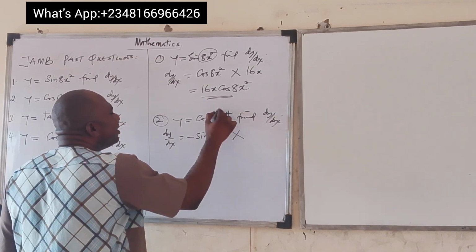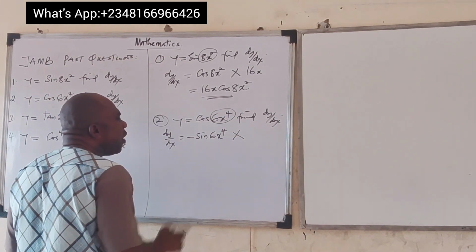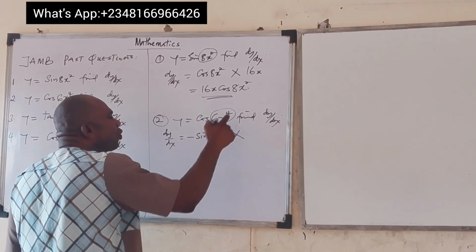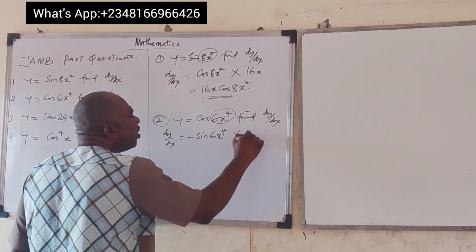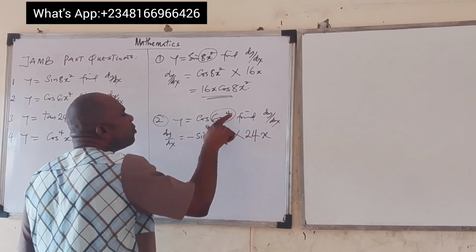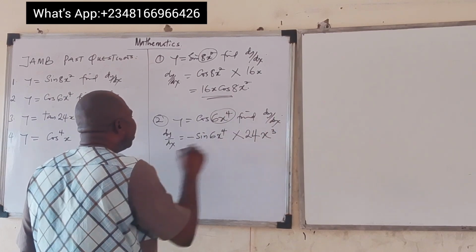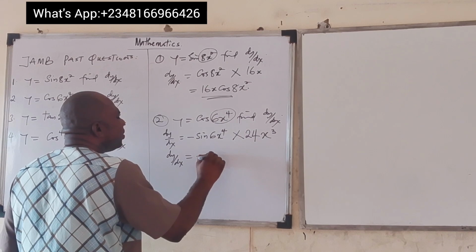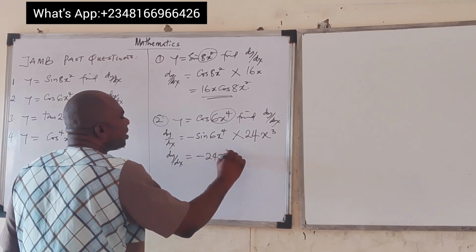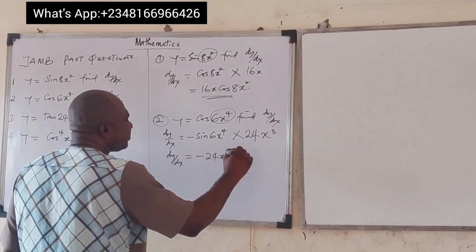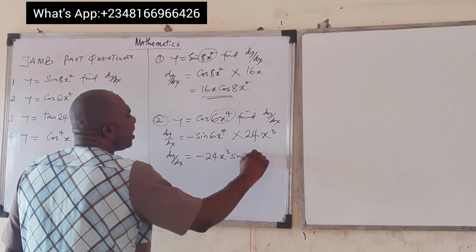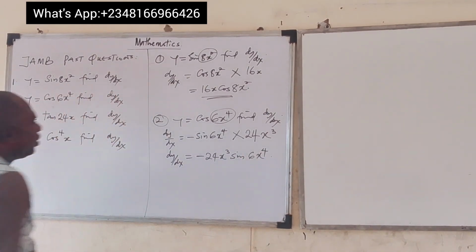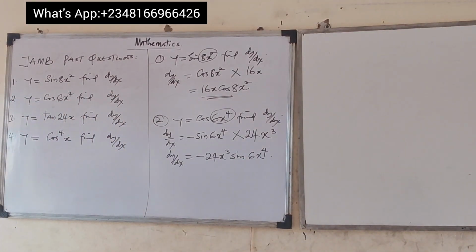Then you multiply it by the derivative of this function. When you differentiate 6x raised to the power 4, you multiply 4 times 6, which gives you 24, then x raised to the power, you subtract 1 from the power, which is 3. So dy/dx will be equal to minus 24x raised to the power of 3 sine 6x raised to the power of 4. That's question number 2.